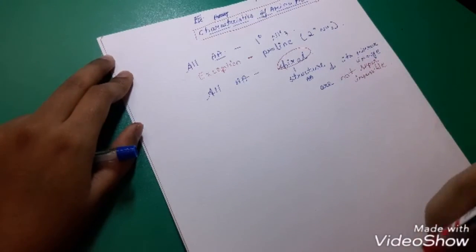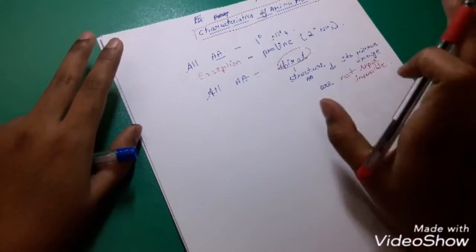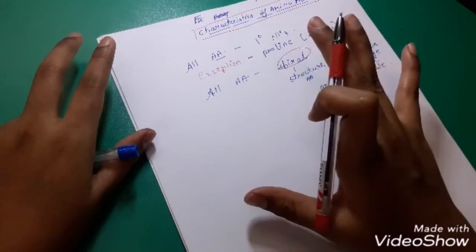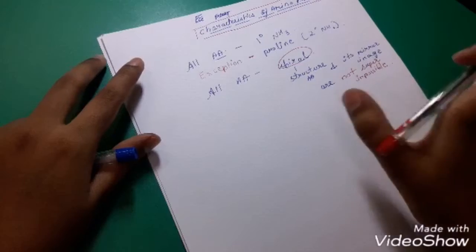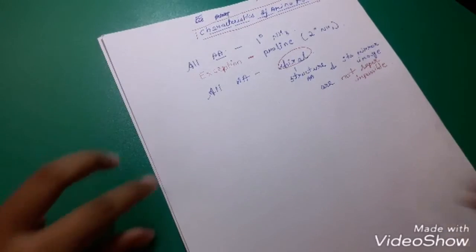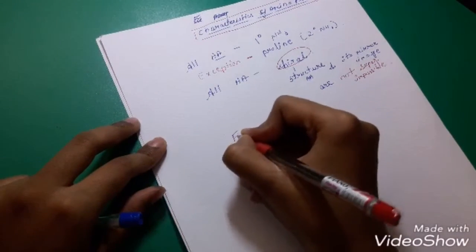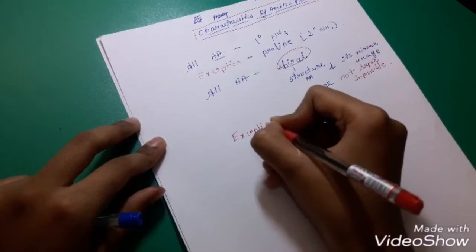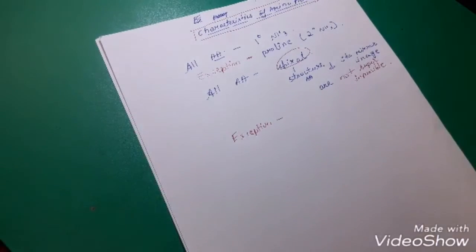So all amino acids are chiral, meaning that the normal structure of amino acid and its mirror image are not superimposable. The only exception for this is glycine.